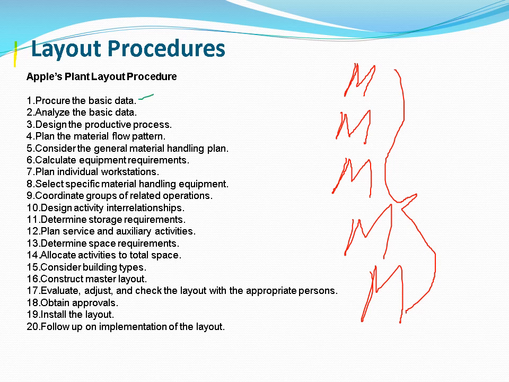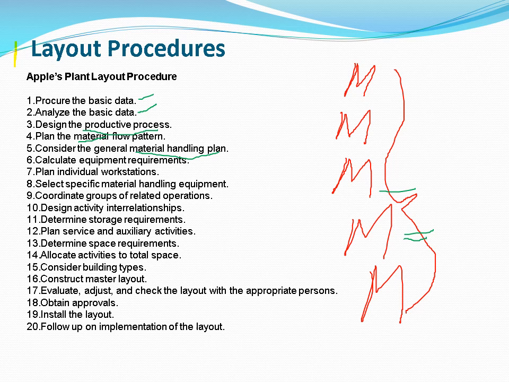So let's talk about here. Here is the data gathering, and you design the efficient process. You talk about methods. You talk about material flow pattern. You consider the material handling, the general concept. All right.